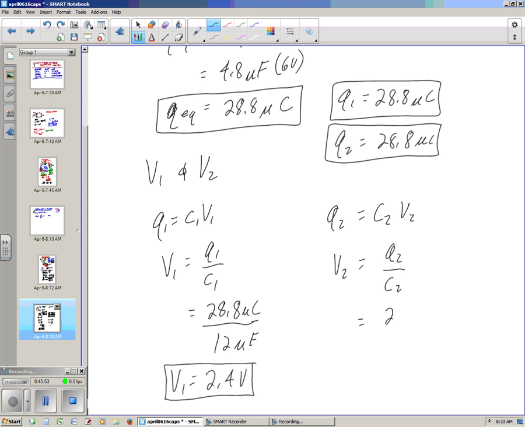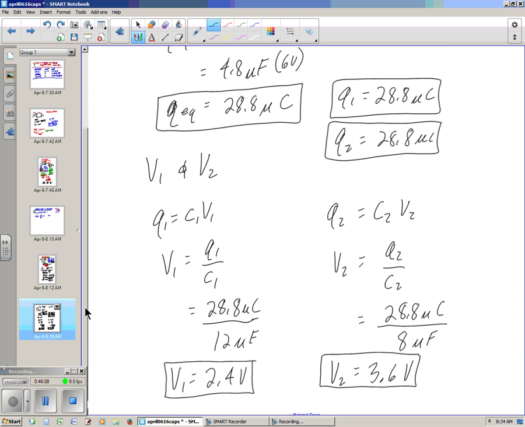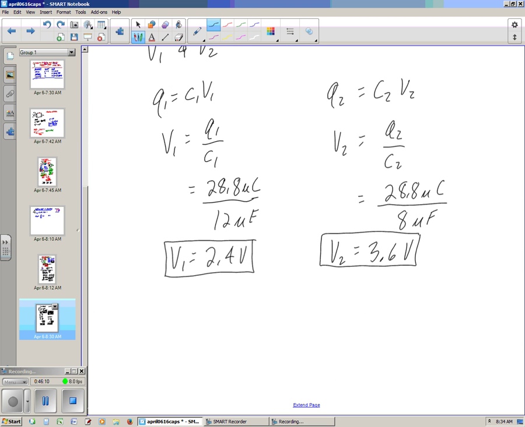All the Q's in this problem are 28.8 microcoulombs, but now we're over 8 microfarads. So V2, when you work this out, comes out to be 3.6 volts. So we've got everything we were looking for.